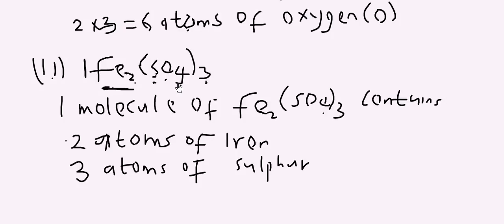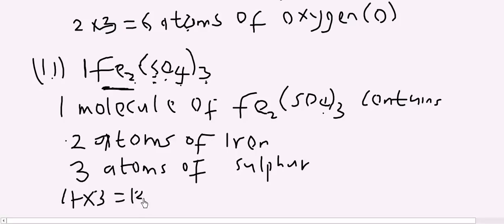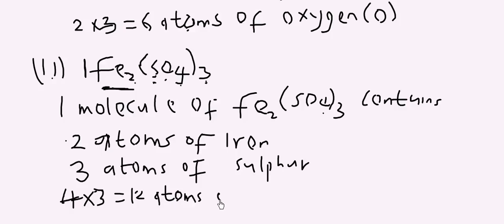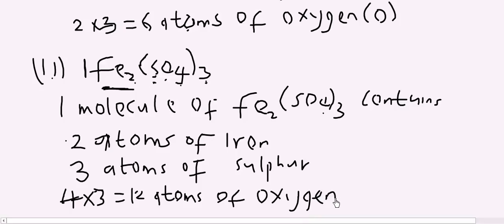So I have 12 atoms of oxygen. So we see that one molecule of Fe2(SO4)3 contains 2 atoms of iron, 3 atoms of sulfur, and 12 atoms of oxygen.